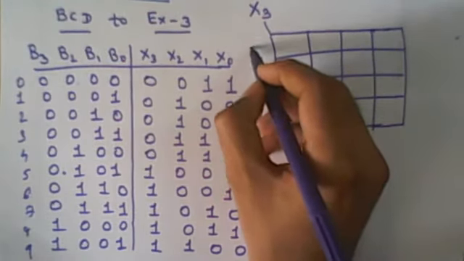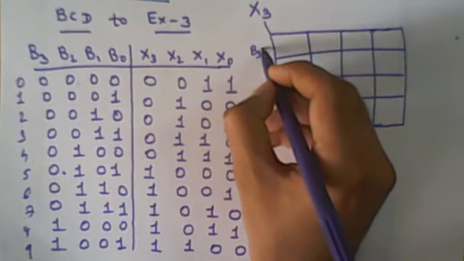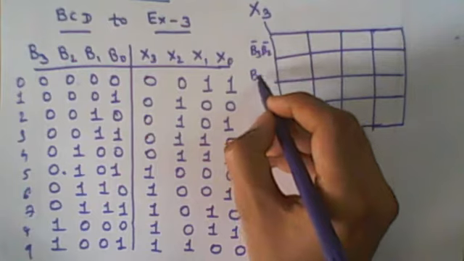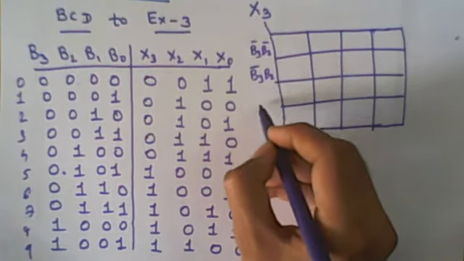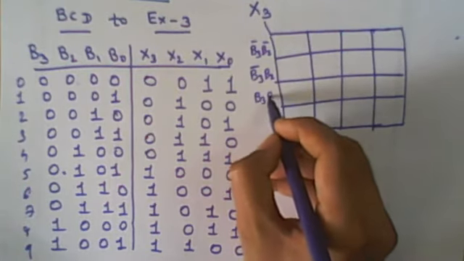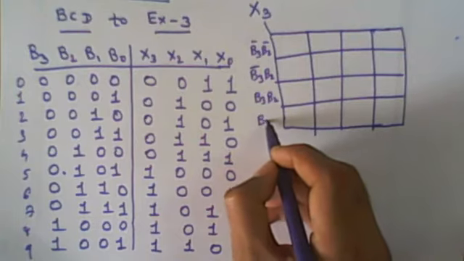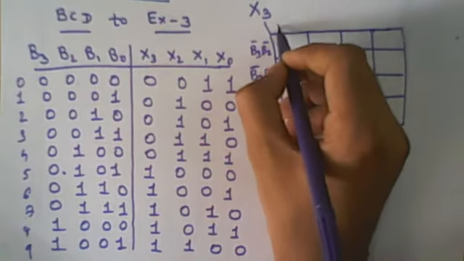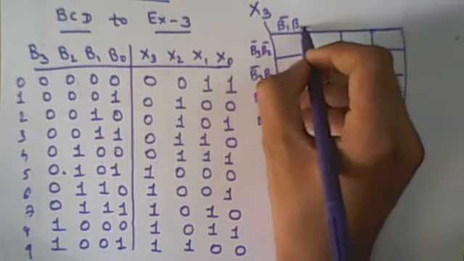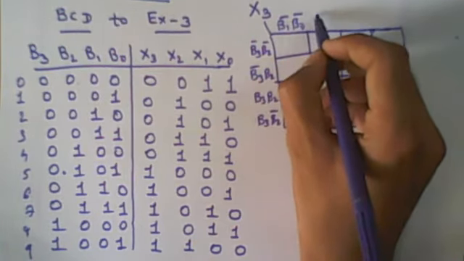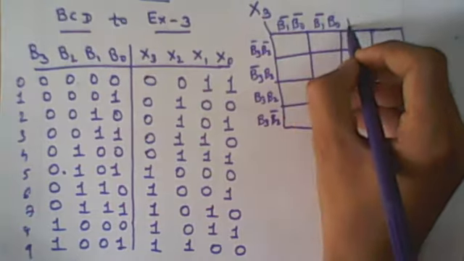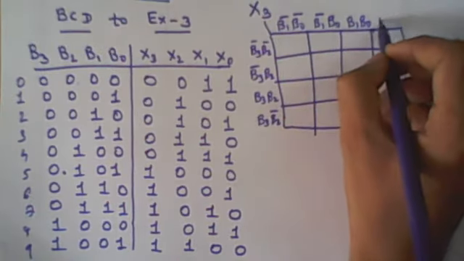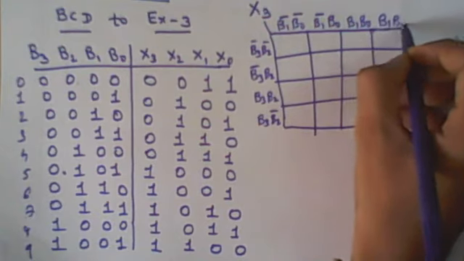Here the 2 MSB bits are D3 and D2: D3 bar D2 bar, D3 bar D2, D3 D2, D3 D2 bar. Here are the 2 LSB bits: D1 bar D0 bar, D1 bar D0, D1 D0, and D1 D0 bar.